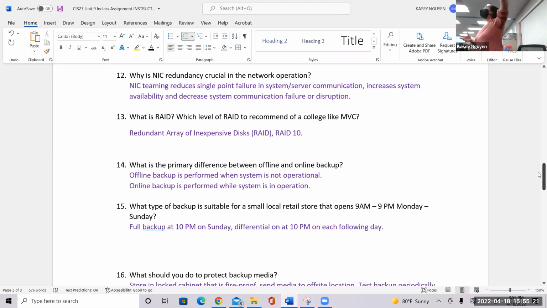I can only roll back to Sunday. If I get breached on a Tuesday, I can roll back to Sunday and Monday. So when you restore, you have to start with the full and then add the differential to it, so it can be up to date. If I have a disruption on Tuesday, I have to restore the Sunday and then add in the differential backup from the Monday to get to Tuesday. Okay?